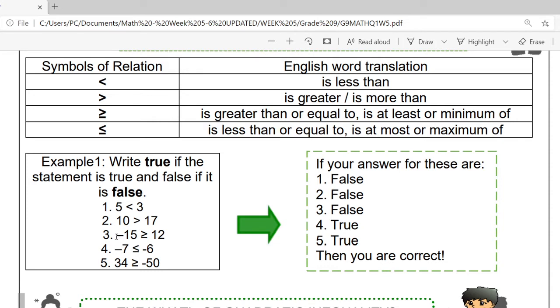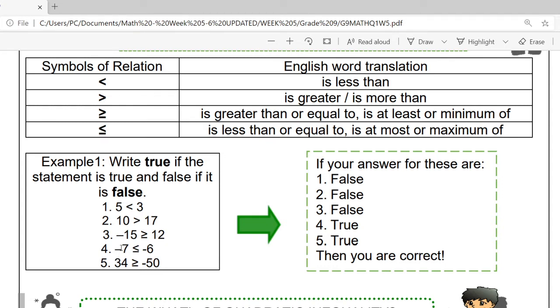Next, negative 15 is greater than or equal to 12. It is again false because negative 15 is less than 12.